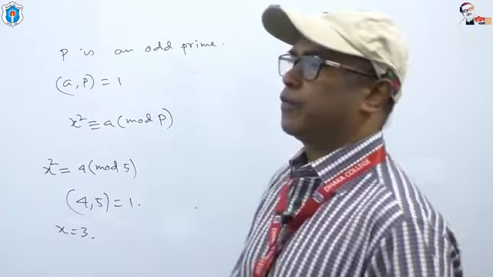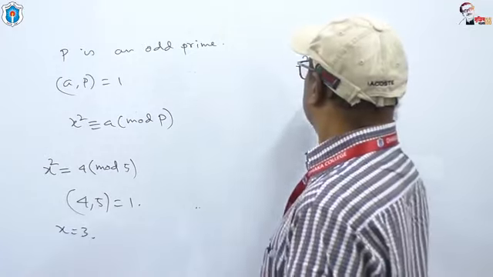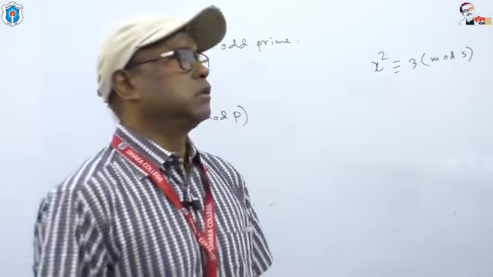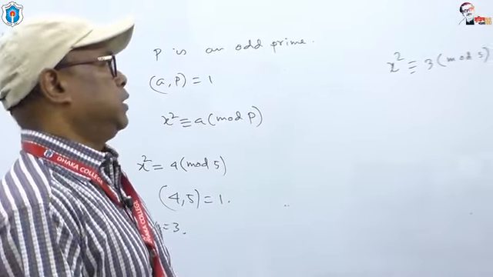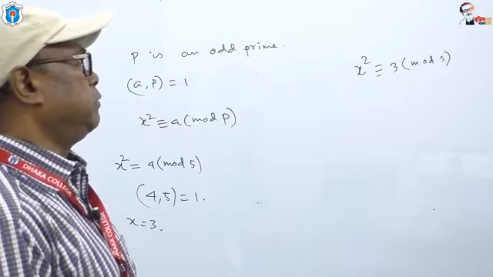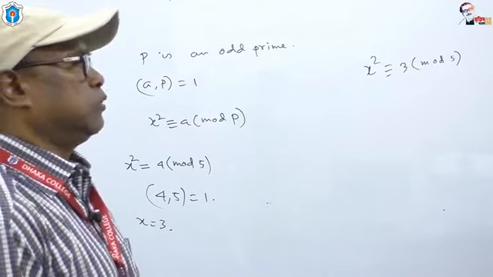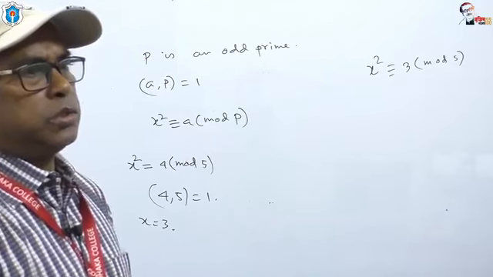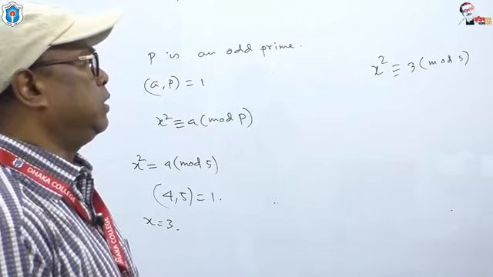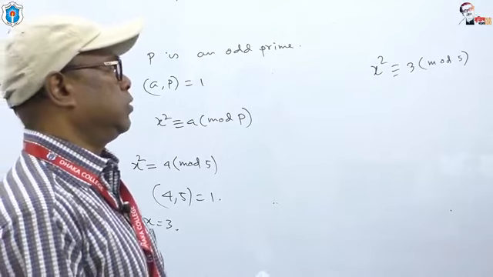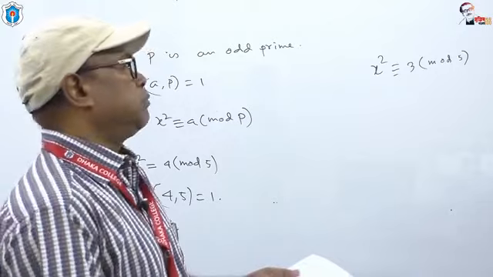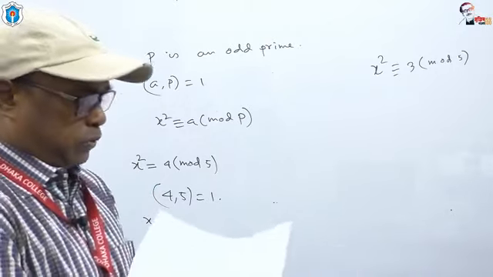So though the GCD of 3 and 5 is equal to 1, any integer value of x does not satisfy the quadratic congruence. So this is quadratic non-residue modulo 5, and we rewrite it, 3 is quadratic non-residue modulo 5. We shall discuss some theorems on quadratic residue.